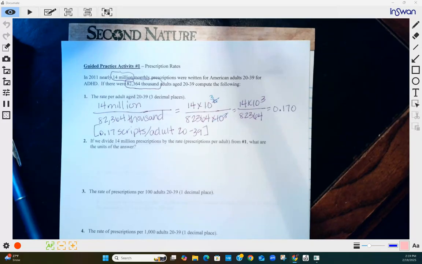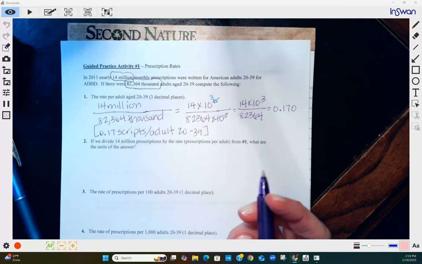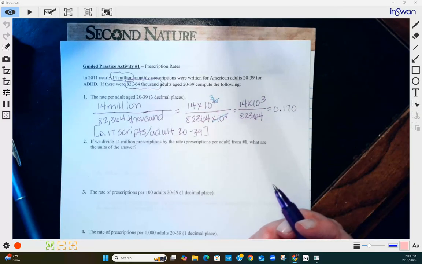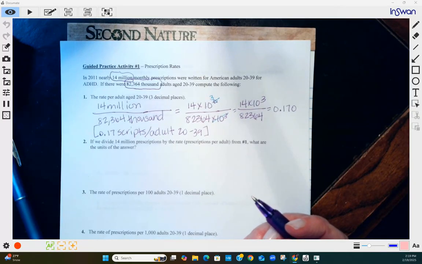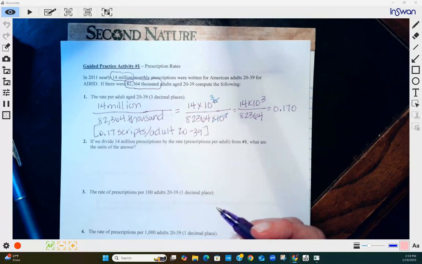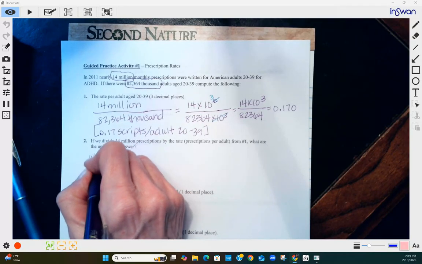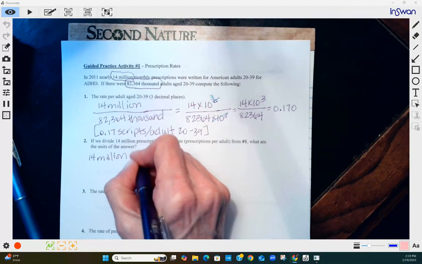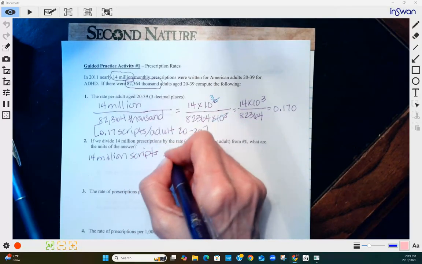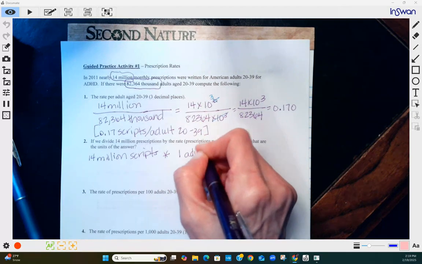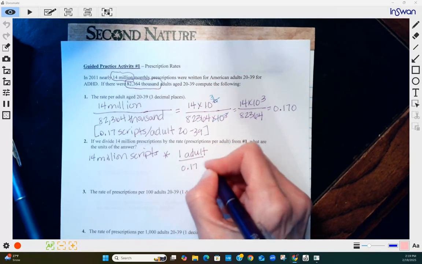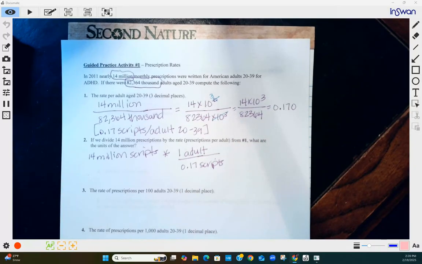Okay, if we divide the 14 million prescriptions by the rate, prescriptions per adult, from number 1, what are the units? If we do the 14 million prescriptions divided by prescriptions per adult, you're going to be left with million adults. I'll show you what I mean. 14 million prescriptions times 1 adult per 0.17 prescriptions. That's dimensional analysis.